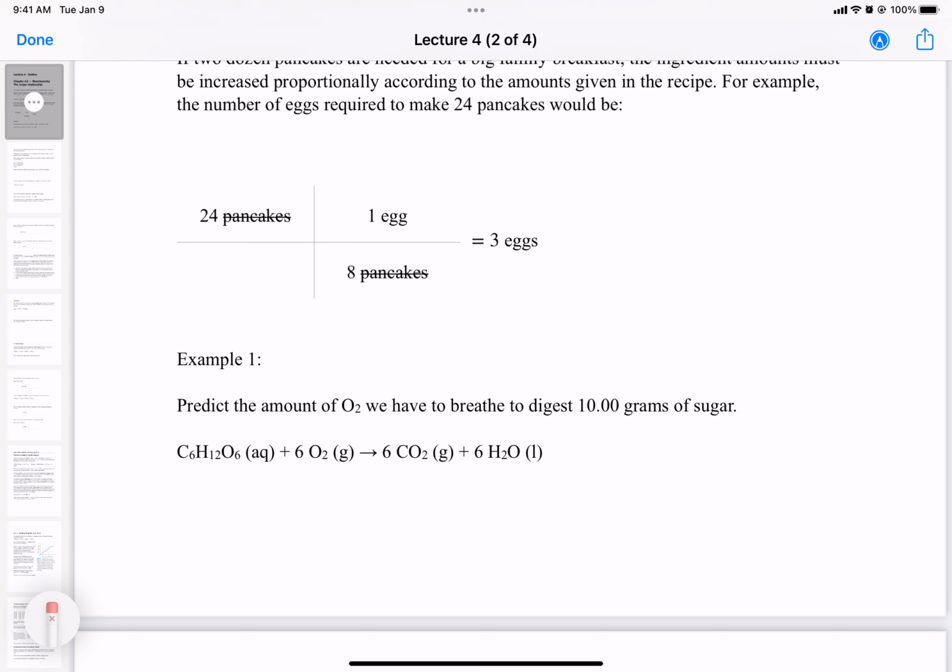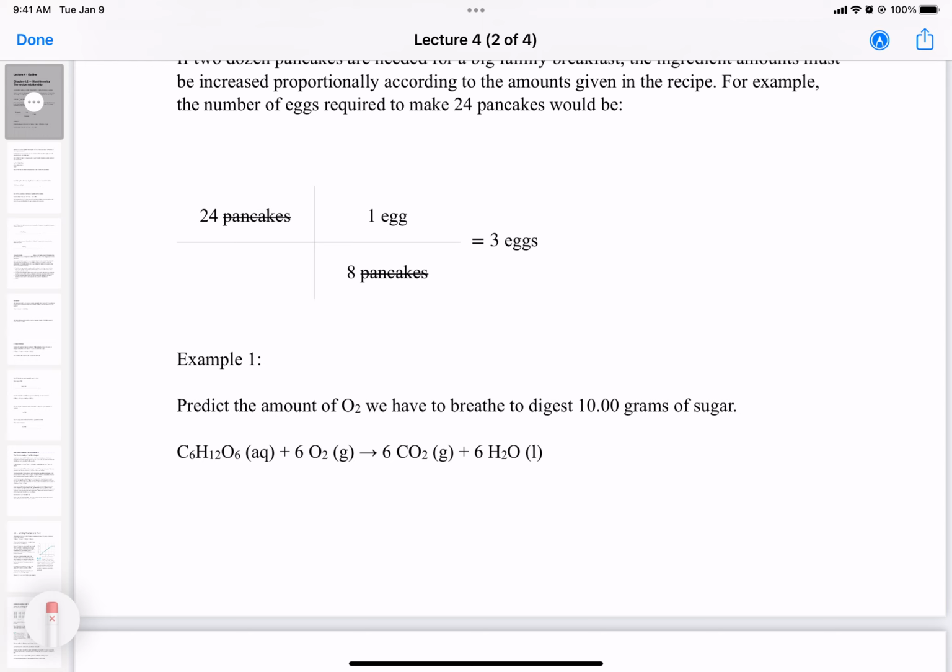So in chemical equations, we need to convert grams to moles because 10 grams of sugar is not actually equal to 10 grams of oxygen or 6 grams of oxygen. So we need to convert to the mole scale. So usually when we have grams, we convert to moles. And the chemical equation tells us the ratios of each reactant in terms of moles of substance.